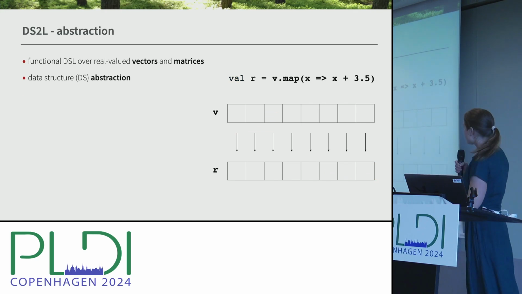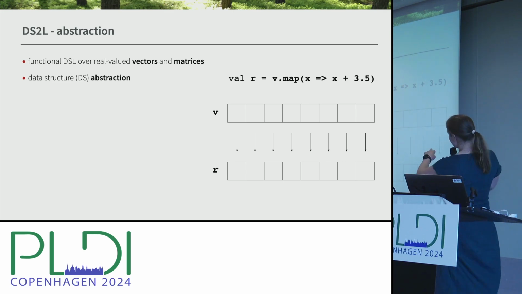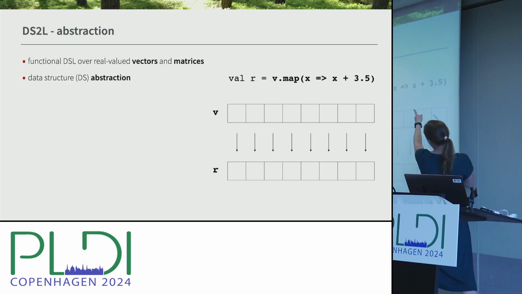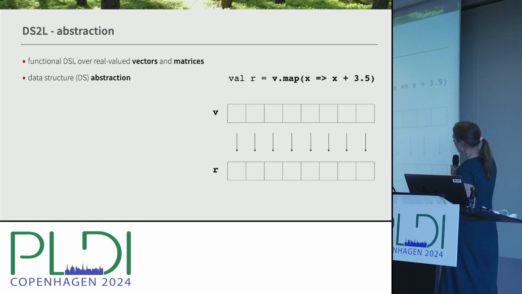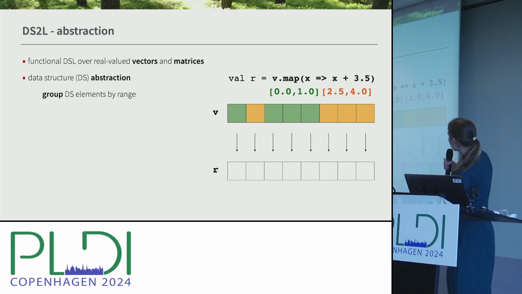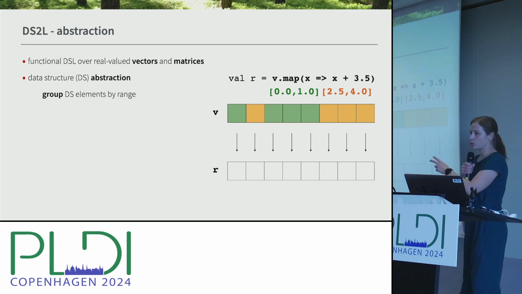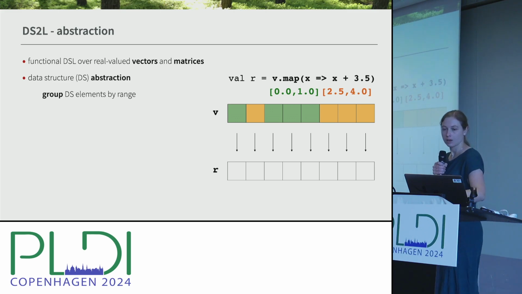All right, so then just to give you a quick idea of the abstraction that we want to have. Suppose that we have a vector v, and we're mapping over it and adding 3.5 to every element, and then we get the result stored in an array R. Now suppose that some of these elements have 0 to 1 range, and the others are 2.5 to 4. This means that we can have only two different results of adding 3.5.